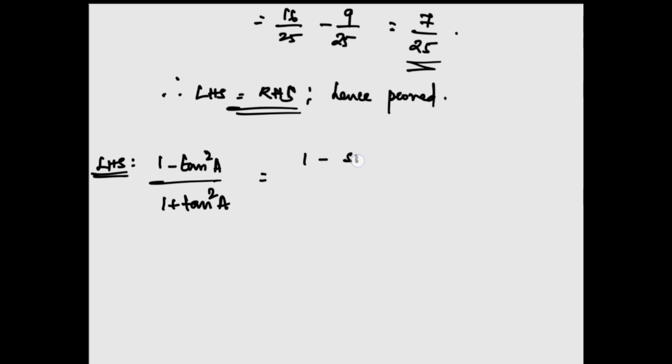So let's write like that: 1 minus sin square A by cos square A, divided by 1 plus sin square A by cos square A.